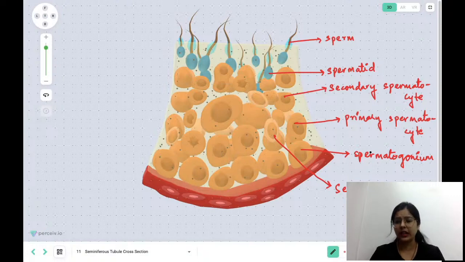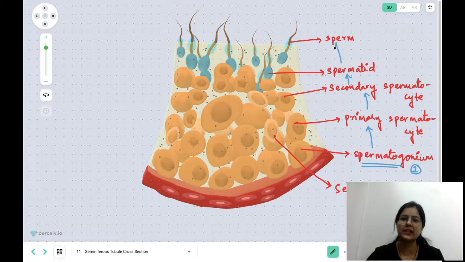Now, since this is a section of a seminiferous tubule, located inside the testis, the important thing to note is that the whole seminiferous tubule has two parts. One is the spermatogonium, which is the very first important part, and the other is the Sertoli cells, which are the important cells. Now, this spermatogonium is going to give rise to these cells.